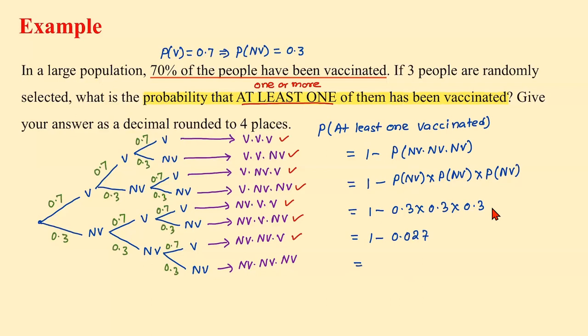Now if we subtract this, it will be 0.9730. So the probability that at least one of them has been vaccinated when three people are selected at random is 0.9730.